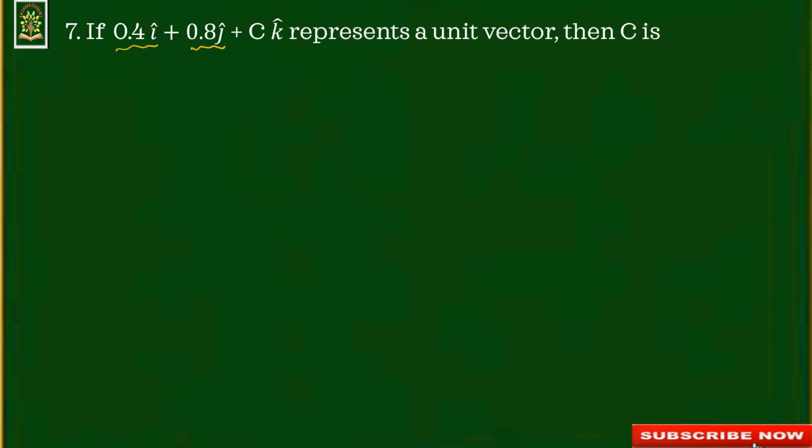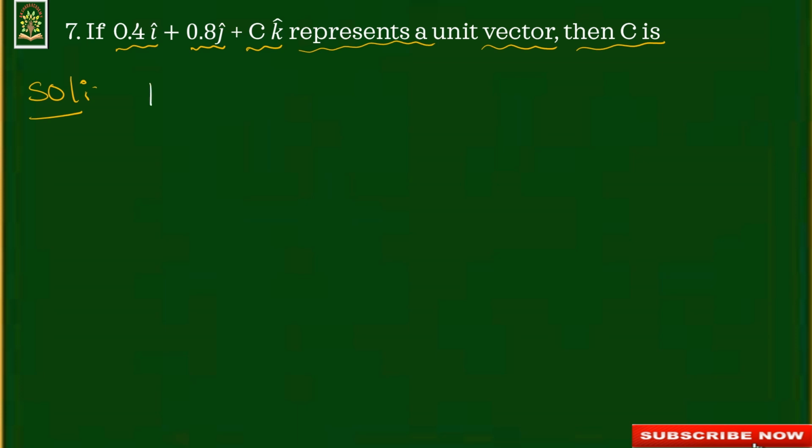Seventh one. If 0.4 i cap plus 0.8 j cap plus c k cap represents a unit vector, then c is, you have to calculate c, nothing but the resultant. So, let us go to the solution.